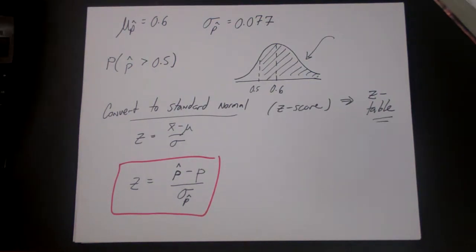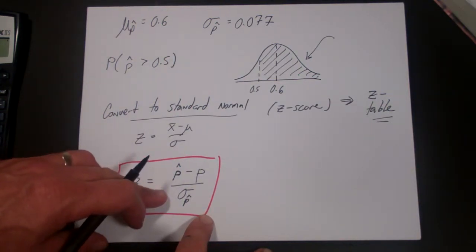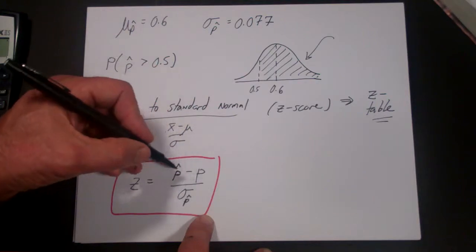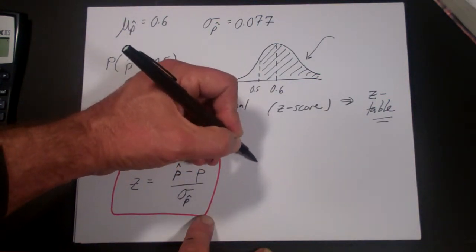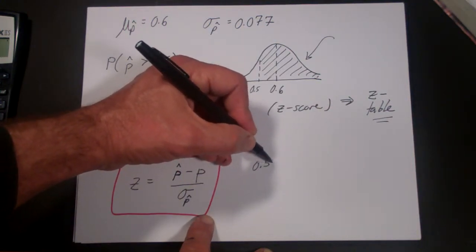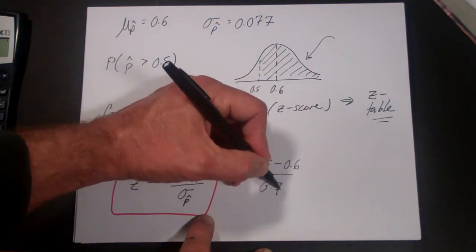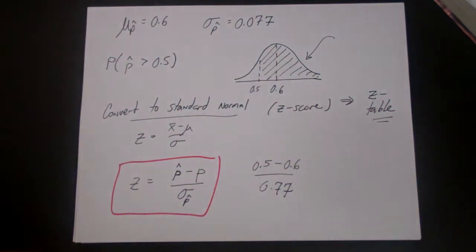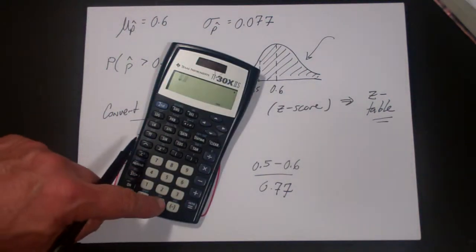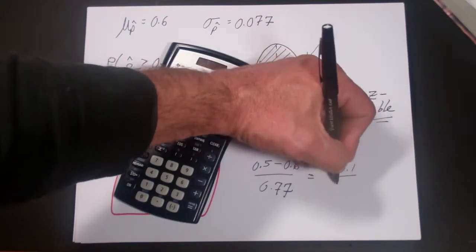And let's plug that in. So in that case, we get p hat minus p over sigma p hat. In this case, that's 0.5 minus 0.6 over 0.77. And again, just use a calculator for that. That's 0.5 minus 0.6, that's a negative 0.1 over 0.